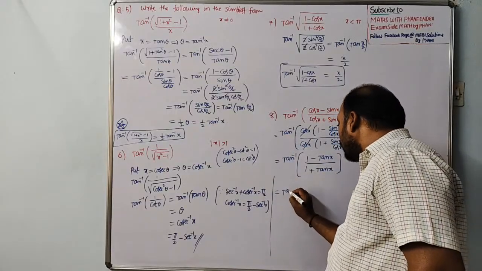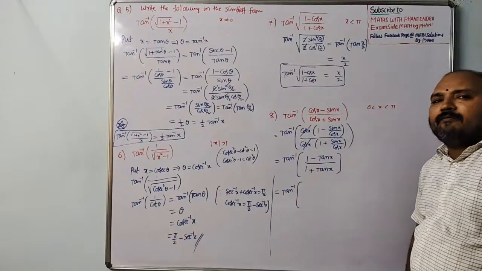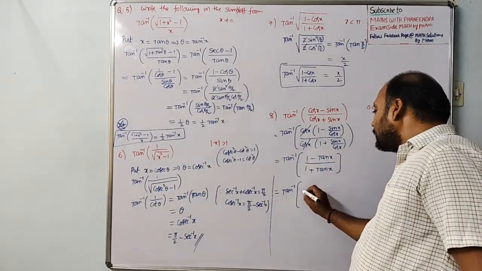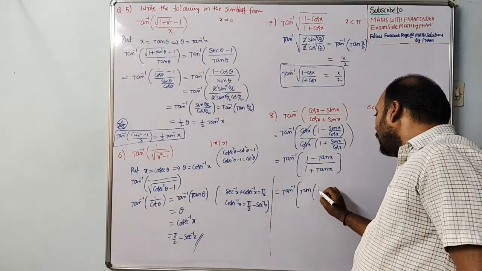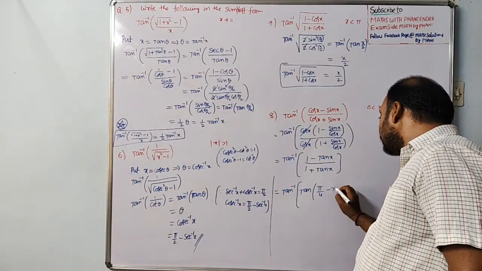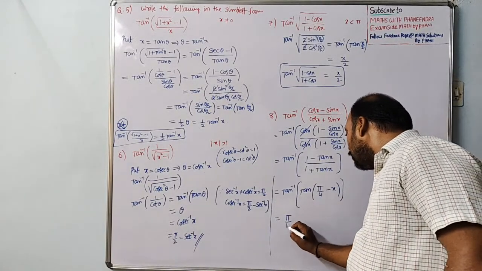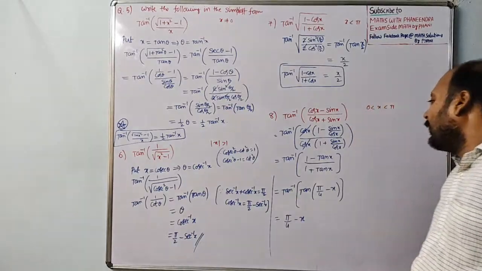So tan inverse of this bracket formula, tan of 1 minus tan x by 1 plus tan x, is tan of pi by 4 minus x. So tan inverse of tan theta is theta, that means pi by 4 minus x.